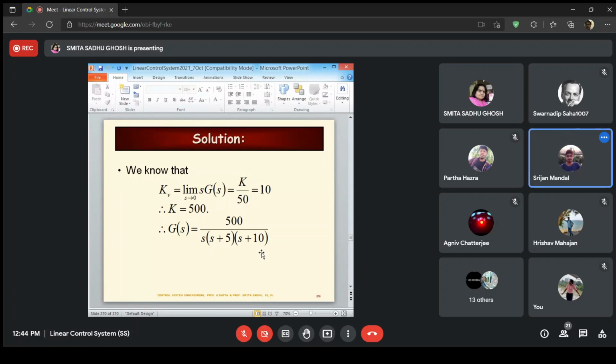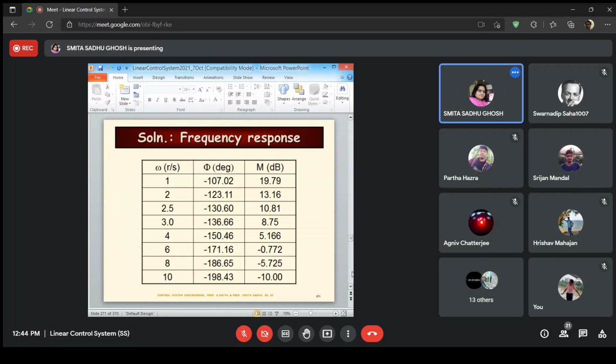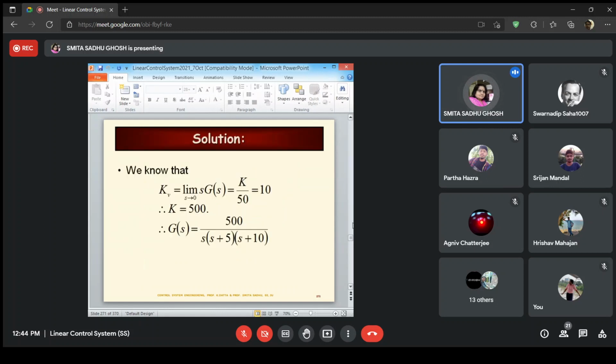9.75. Now you have it given in decibels, so I want it in decibels. Now 20 log to the base 10 of 9.75 is what you have to do. 19.78.